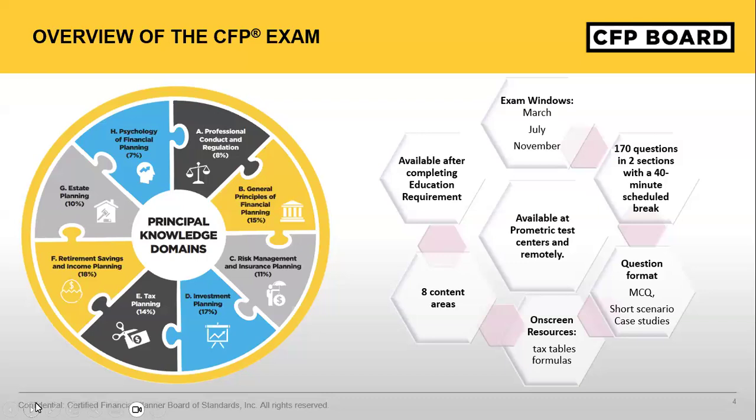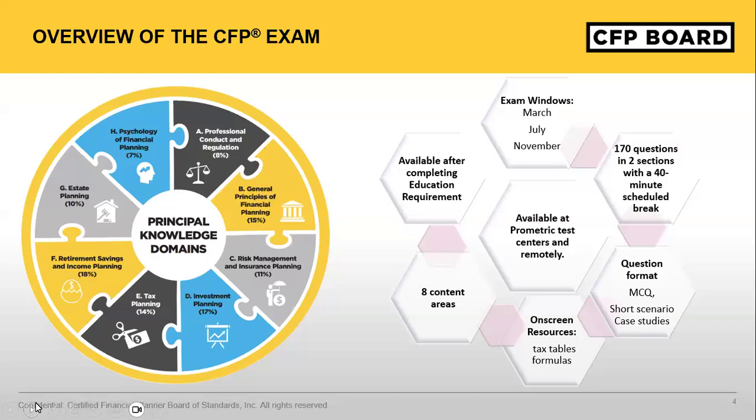I will dive a little more into what goes into the exam. So what are the content areas? There are 8 content areas on the CFP Board exam. We call them the principal knowledge domains. We have professional conduct and regulation, which is 8% of the exam. General principles of financial planning is 15% of the exam.